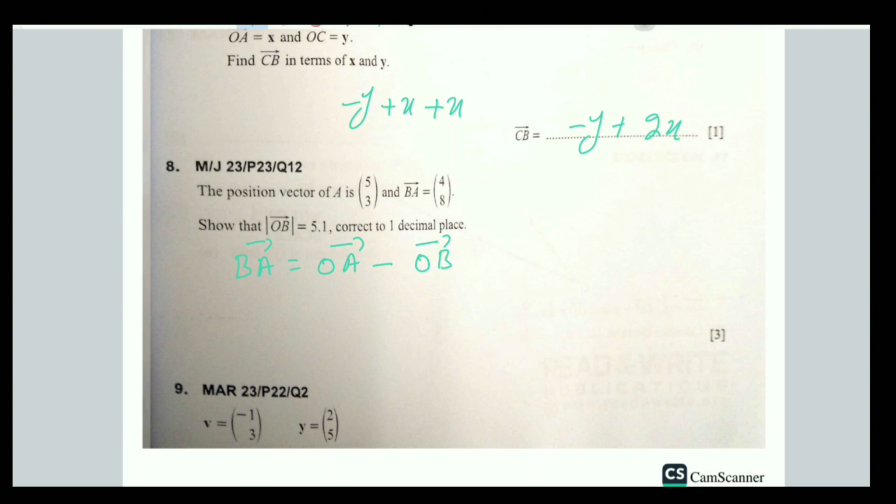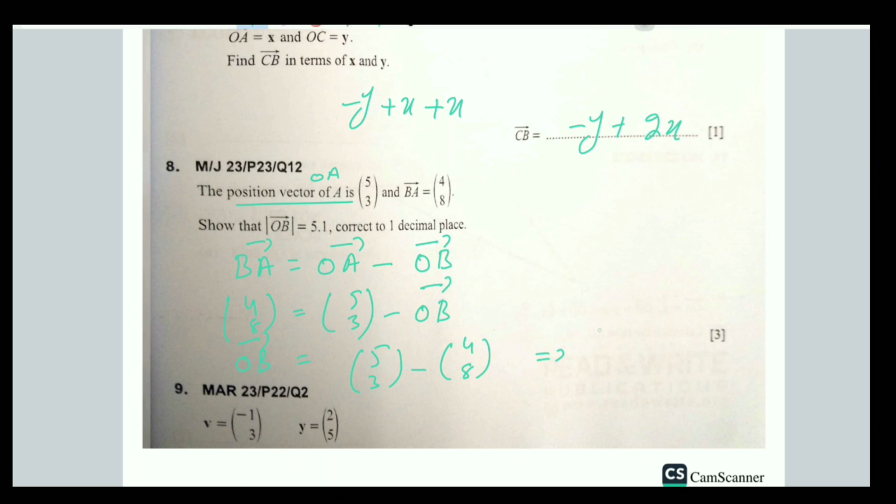BA is (4, 8) and OA is (5, 3). The position vector of A means this is OA. Minus OB will remain as it is, so OB will go to the other side: (5, 3) minus (4, 8).